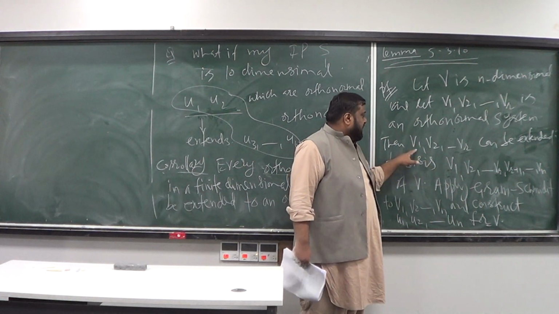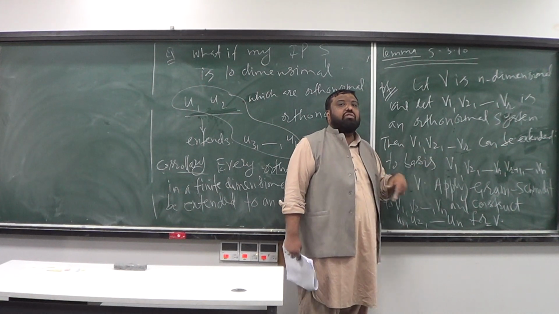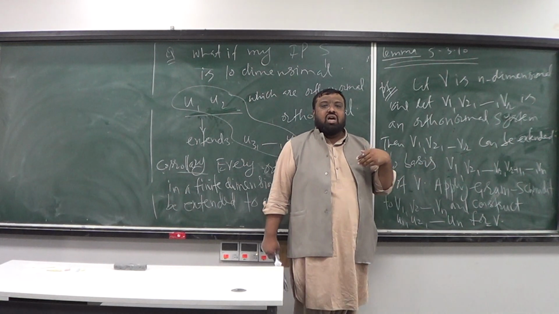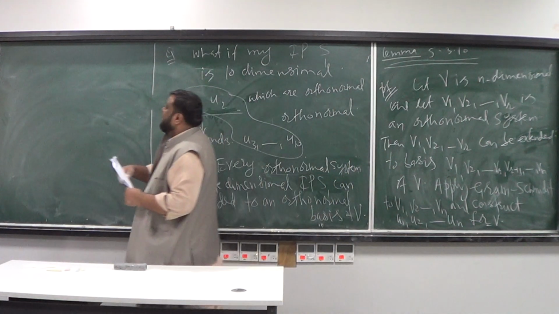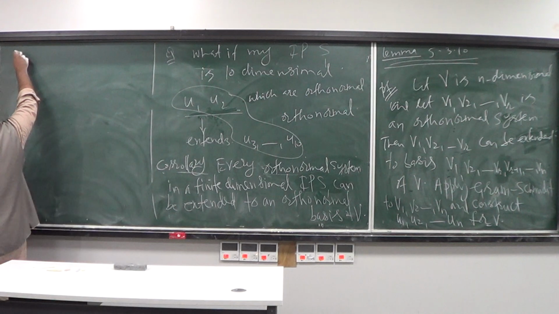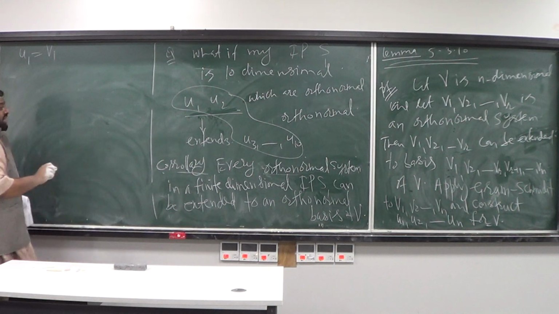But since V1, V2, up to Vr is a part of an orthonormal system, V1 is not going to change. In other words, this U1 is going to be the same as V1.